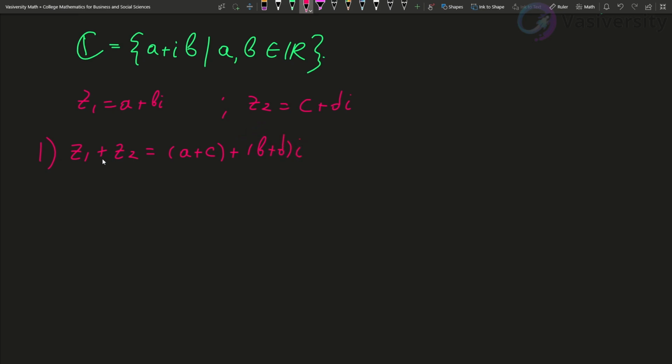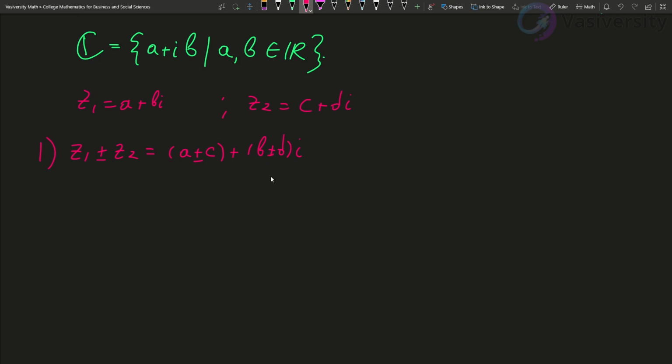Same thing with subtraction, right? Plus or minus, that will give us plus or minus.